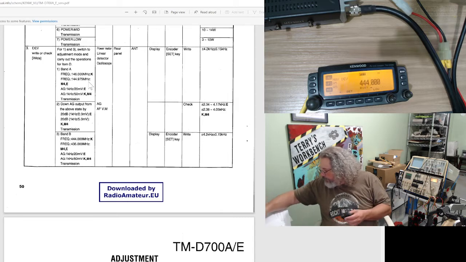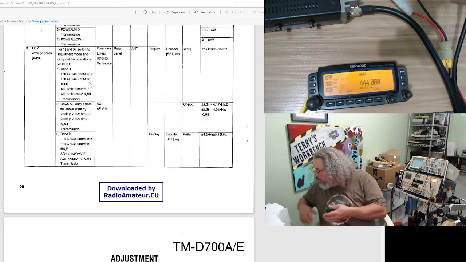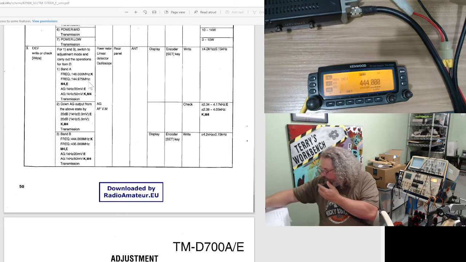I have a band scope. 1, 2, 3, 4, 5. 1, 2, 3, 4, 5.